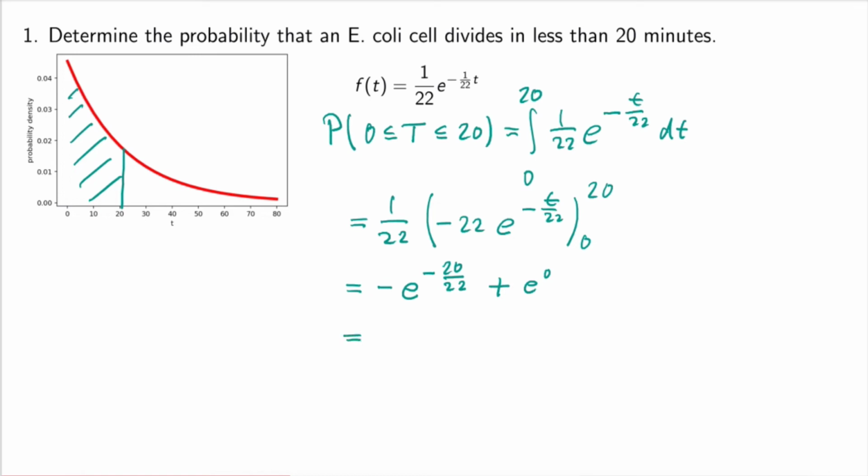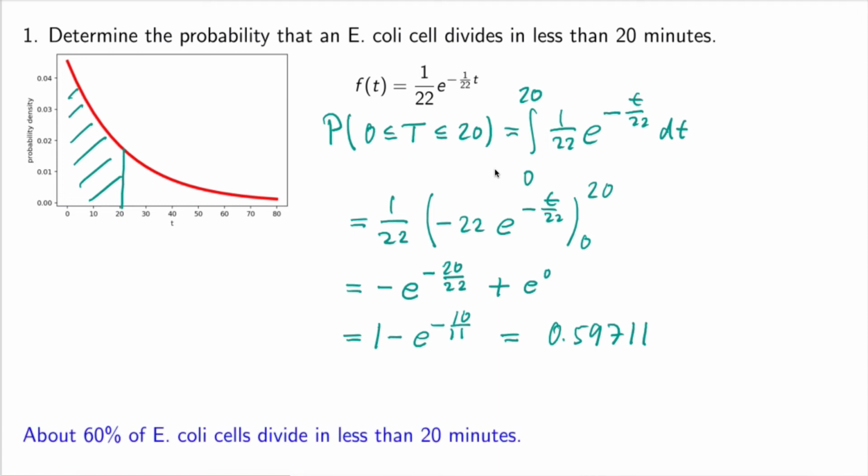E to the 0 is 1, so then we get 1 minus e to the minus 10 over 11. Now I need a calculator to figure this out, and the answer is 0.59711. So you would say 0.6. That means about 60% of E. coli cells divide in less than 20 minutes.